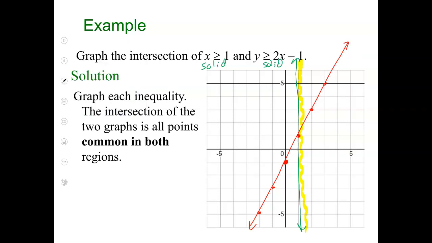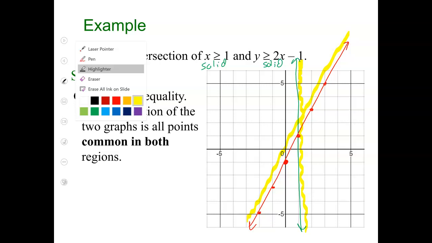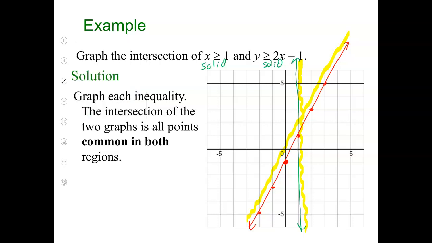Okay? So now let's look at our shading again. So y is greater than my line. Is that above or below? Above. Y is greater than my line. So above. Okay? So I have 4 regions that are created by the intersection of these two lines. Over on the right, I have this region here, created by this angle here.